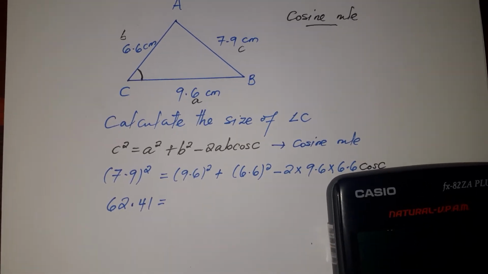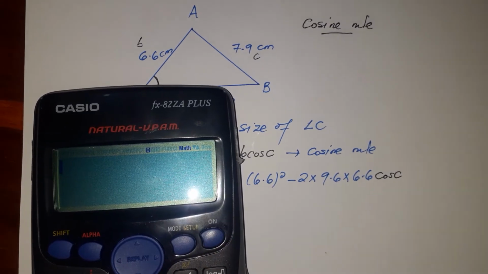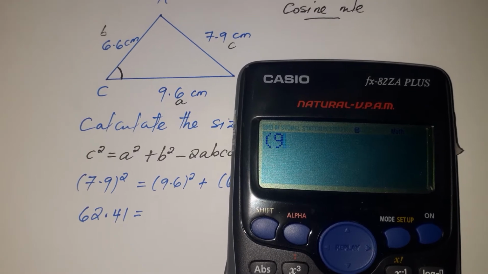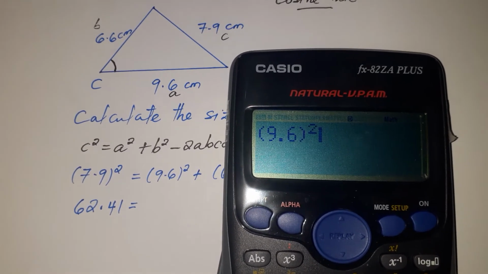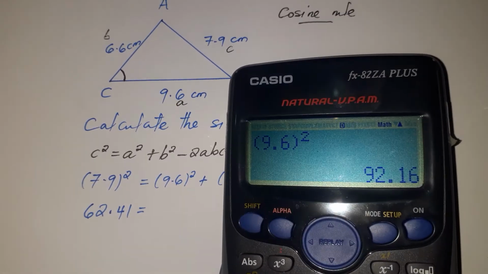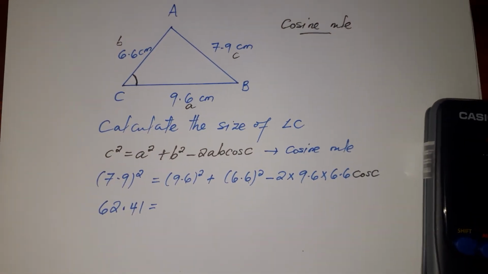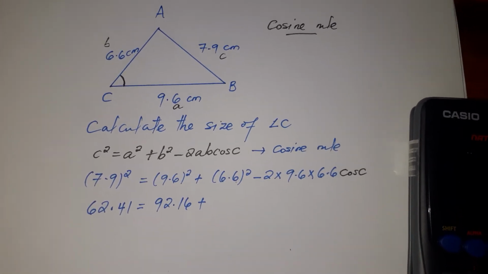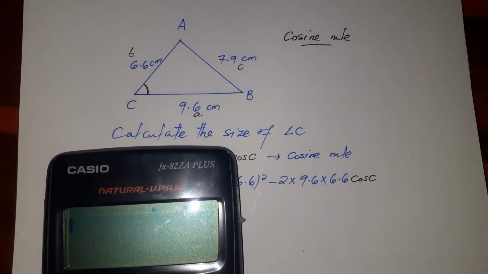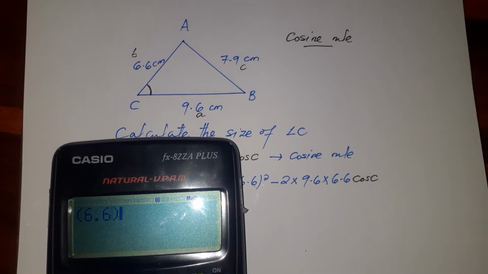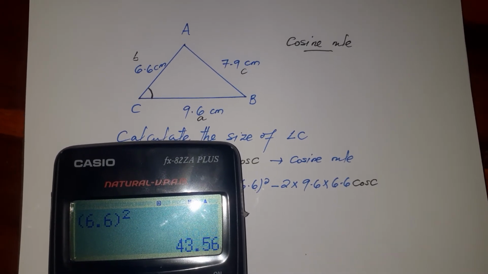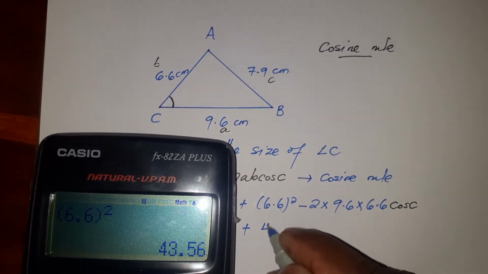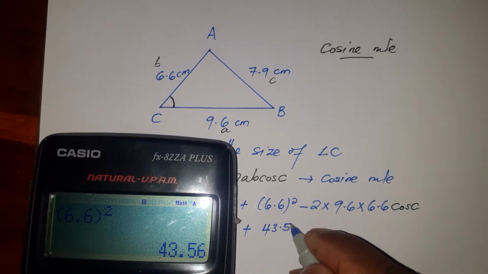And then we have here our 9.6 square is equal to 92.16. 92.16 plus our 6.6 square, that equals 43.56.